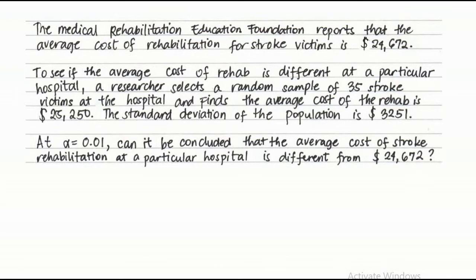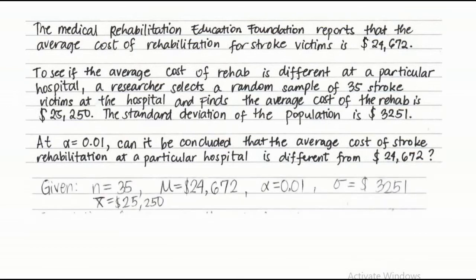The standard deviation of the population is 3,251. At alpha is equal to 0.01, it can be concluded that the average cost of stroke rehabilitation at a particular hospital is different from 24,672.